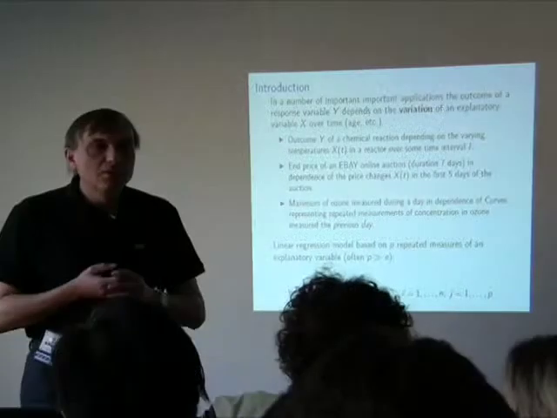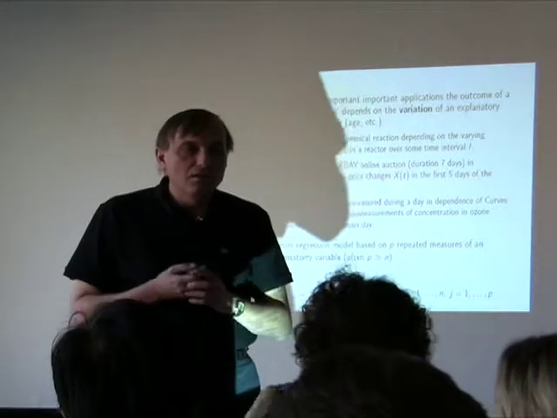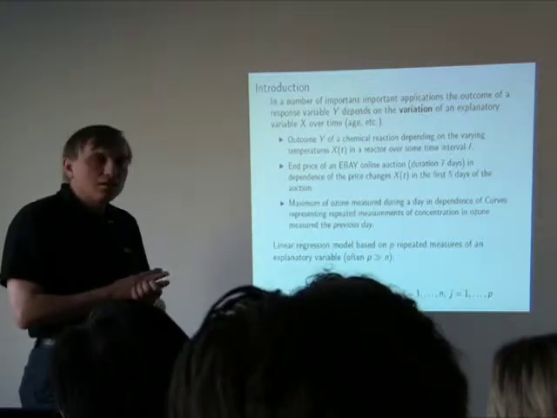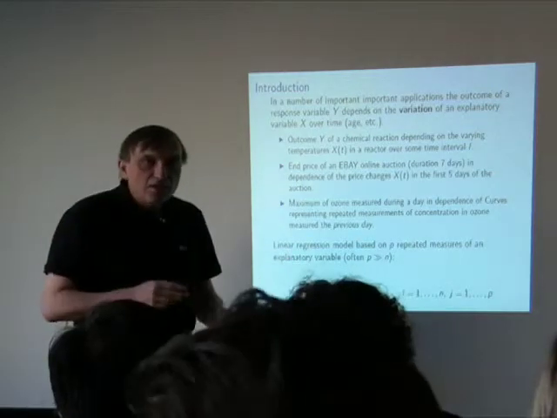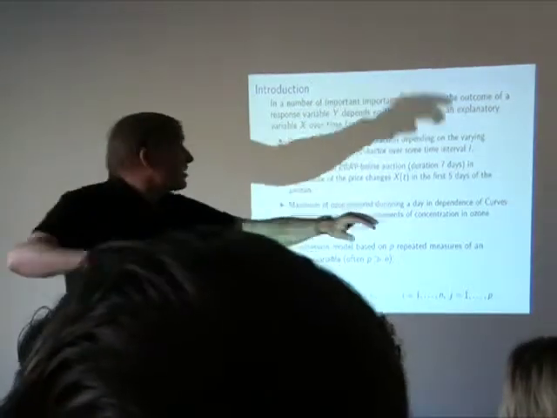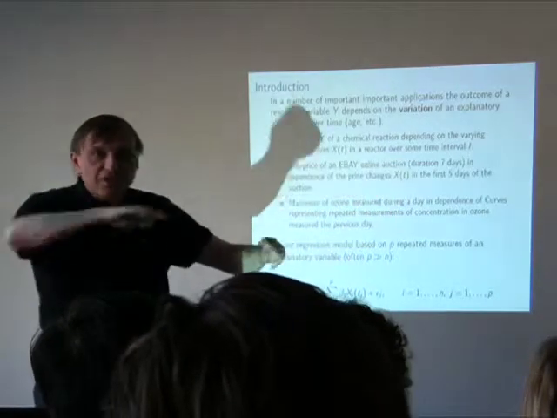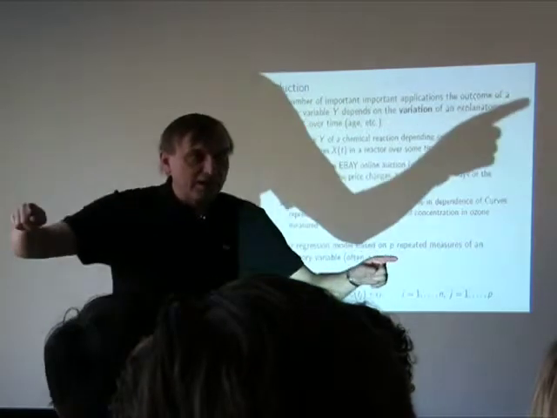So we have n experiments of the same thing, and each experiment is observed in p points. Consider this chemical example: you have a chemical experiment, and you have a certain temperature curve that you apply. They can't control that.